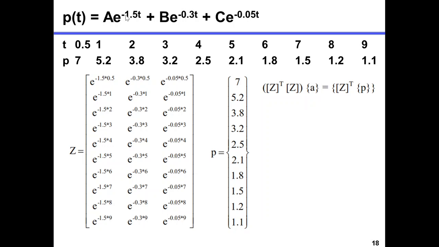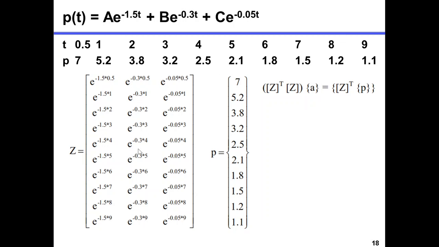It's e to the power minus 1.5t. You have t values, right? So you put e to the power minus 1.5 times the different values of t: 0.5, 1, 2, 3, 4, up to 9.